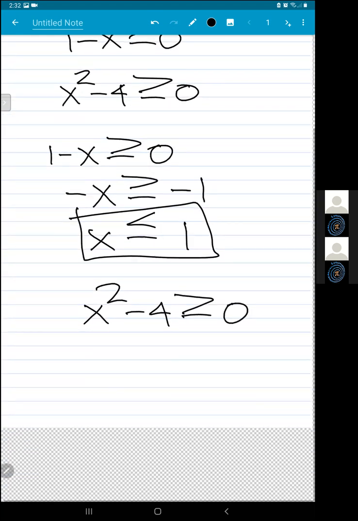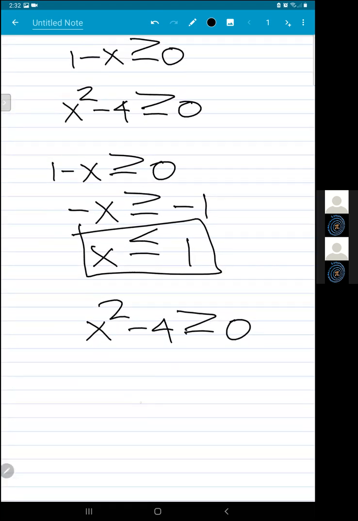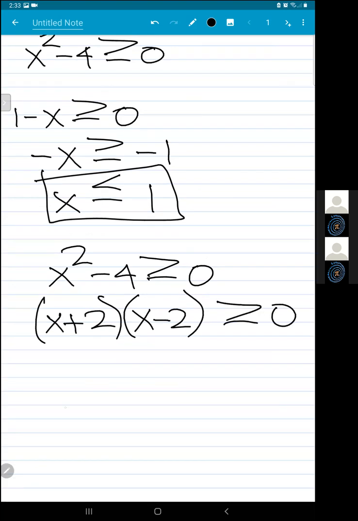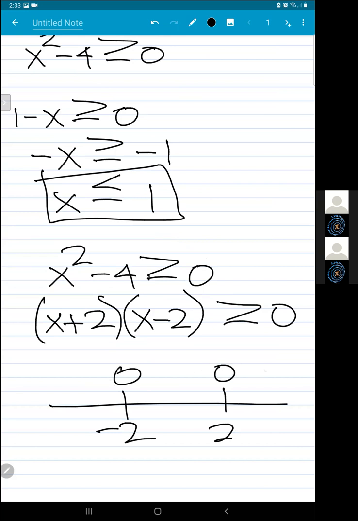You have to use the sign chart method, remember. If you construct the sign chart, just verify you get the following, and it has to be greater than or equal to 0.